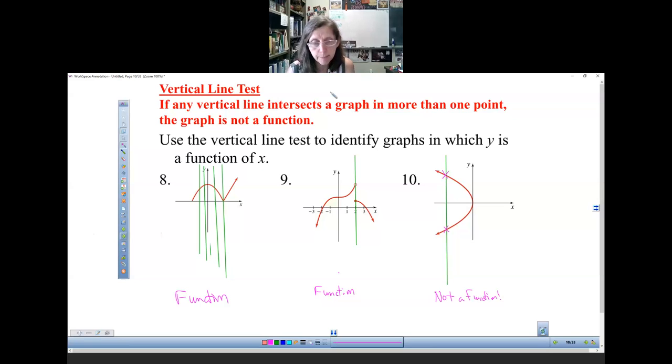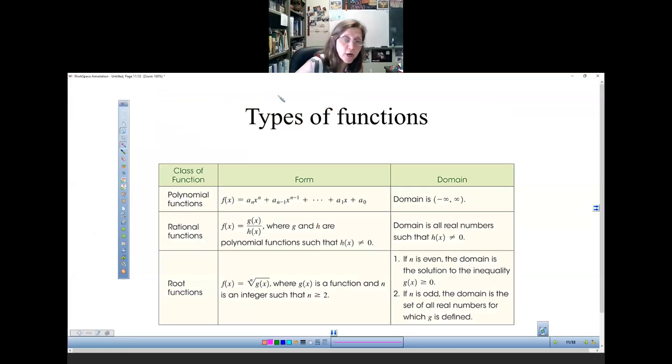So, okay. We've talked about functions, and we've looked at several. Most of our functions so far have been polynomial functions. In this class, we really concentrate on 3 different types of functions. We concentrate on polynomial functions, which are the majority of the functions we talk about.